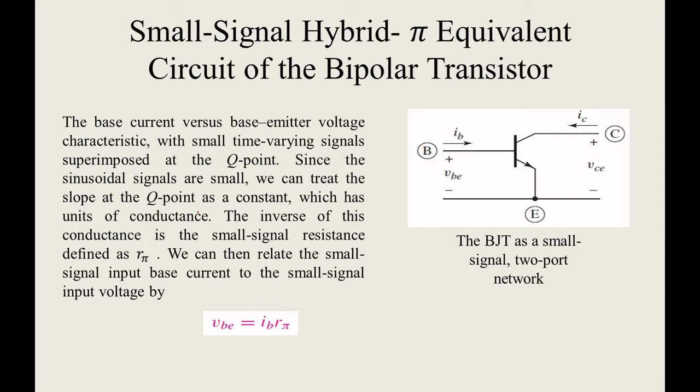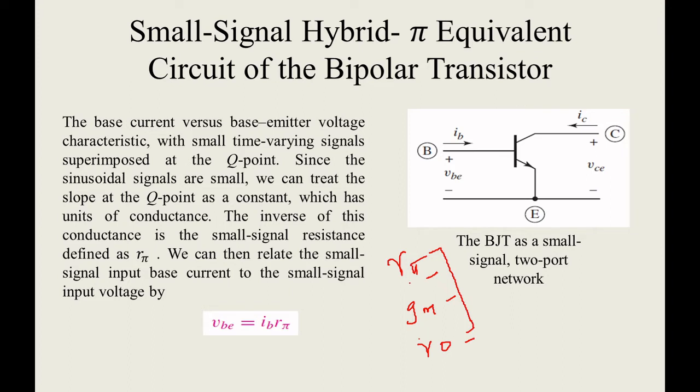The parameters I use for the mathematics here are r pi, gm, and r naught. These are the three important and powerful parameters I will be using in the small signal part. I will explain those in the coming slides. First let me start with r pi, then we will move to gm and then r naught. I will explain step by step.